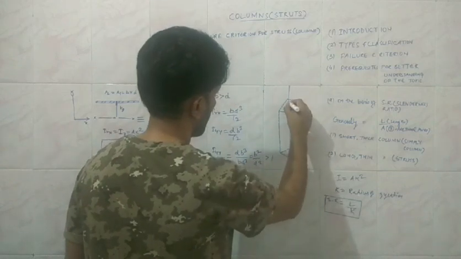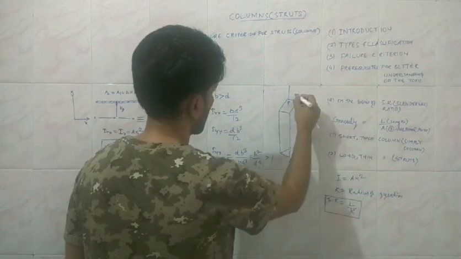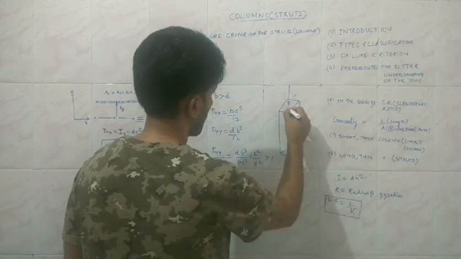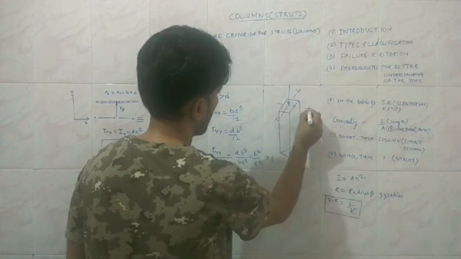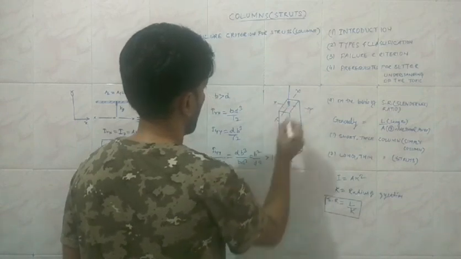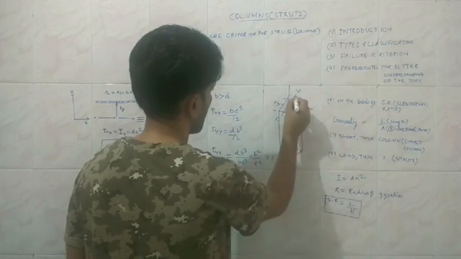so if it is subjected to this type of load, this is the axis which we have considered as the x axis, and another is your y axis, and this dimension I have chosen as b, and this dimension is d.